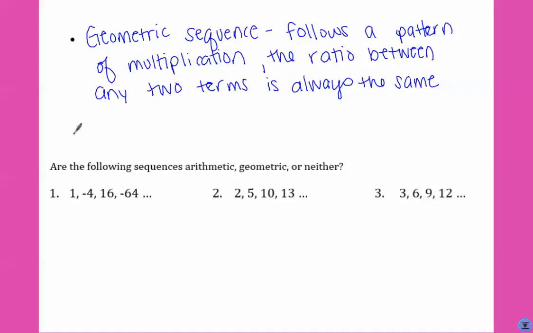So let's look at the following three sequences. We're going to determine whether they're arithmetic, geometric, or neither. So in number 1, we have 1, -4, 16, -64. Does this seem like it's geometric, arithmetic, or neither? This one's geometric, and we're multiplying by -4 each time. So we have a common ratio, which we're going to use the letter r, of -4.